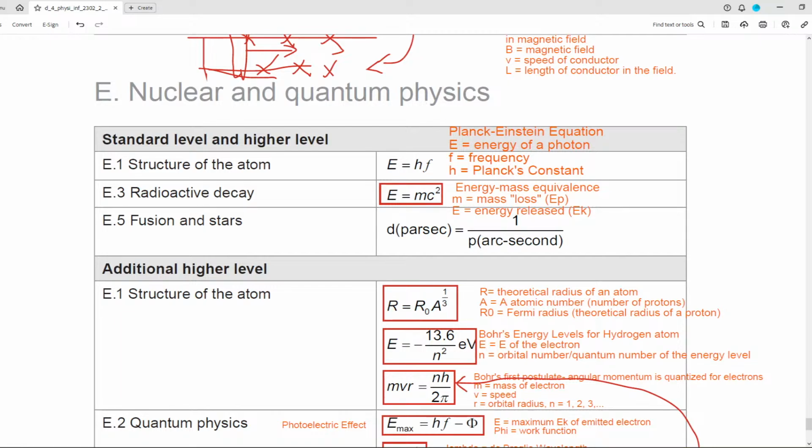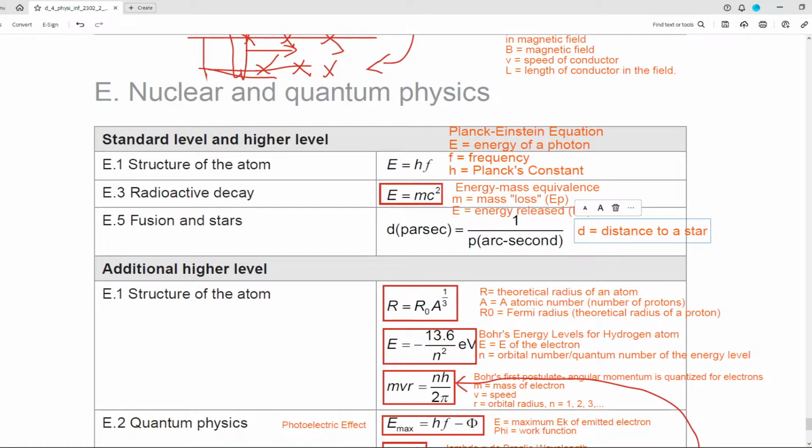D is the distance to a star or celestial body you observe.